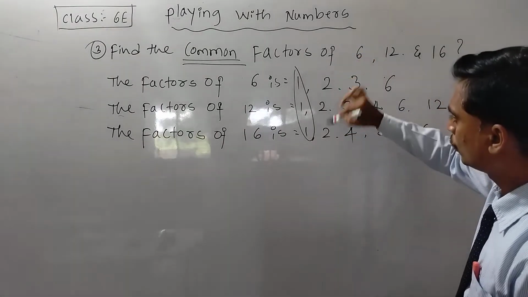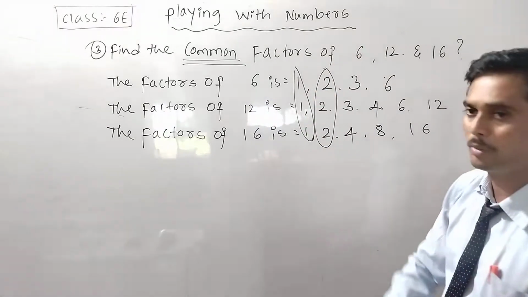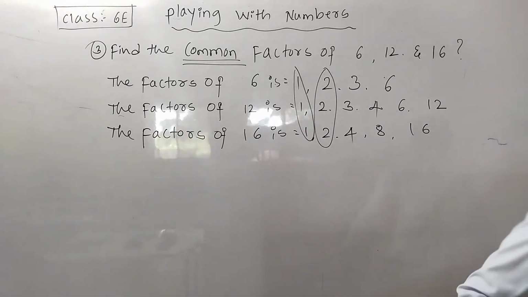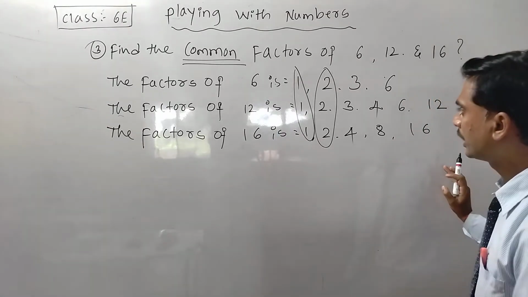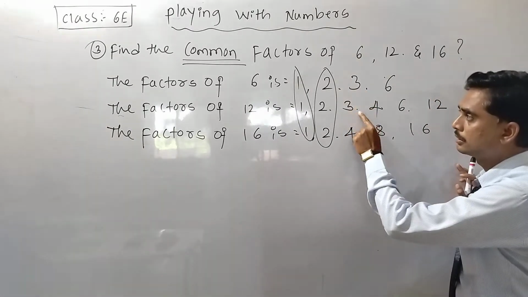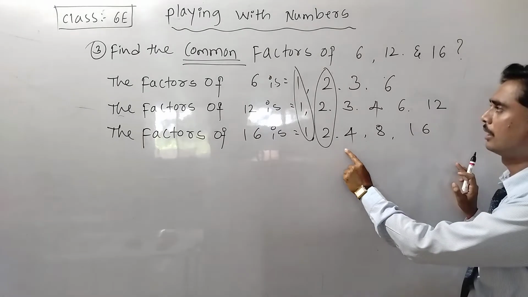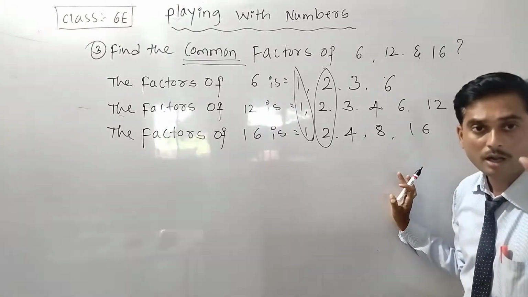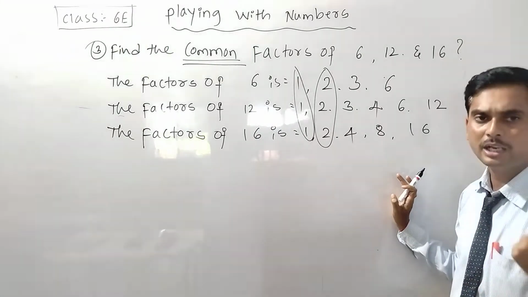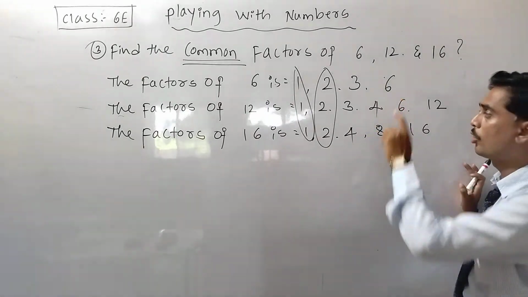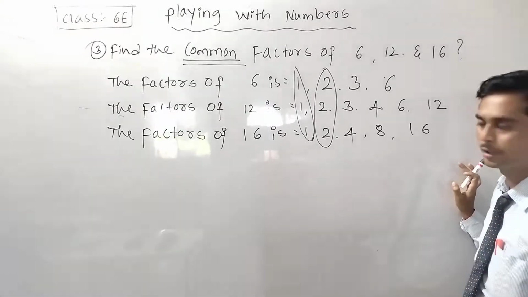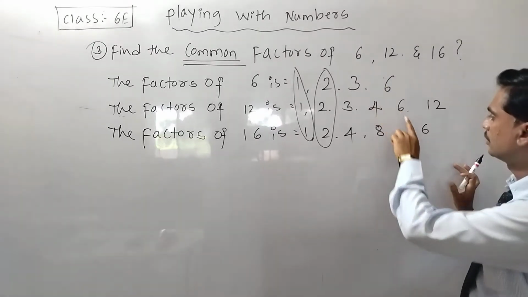Yes sir, 2, sir. It is also a common factor. 2 is also a common factor. Again you have to think, sir, 3 is there but here not 3, sir. 3 is not a common factor. Then leave it. And here 4, sir, and here 4, sir, but the first line does not have it, sir. Then that is also not. And 6 not.